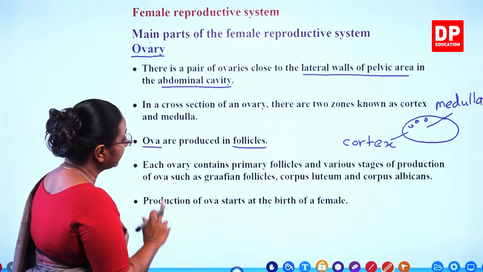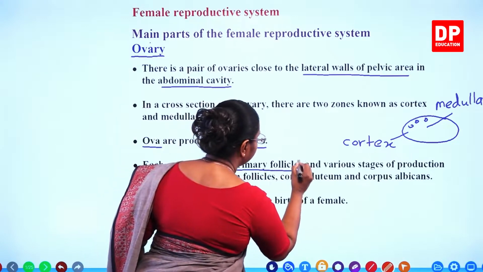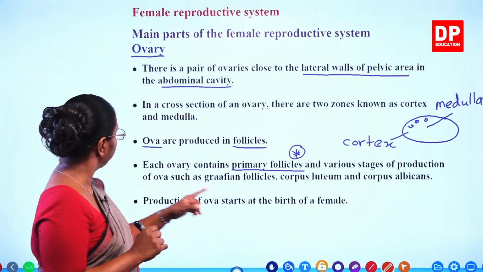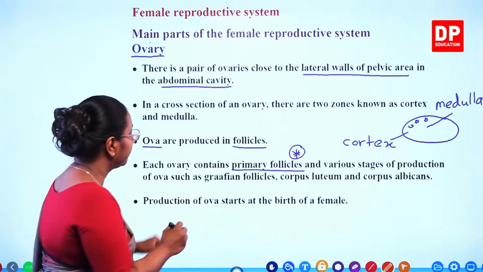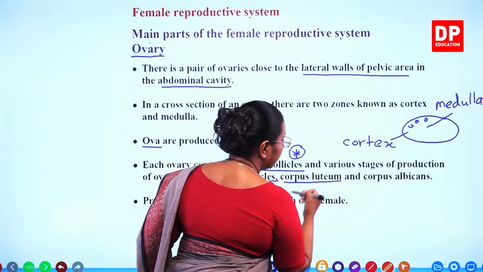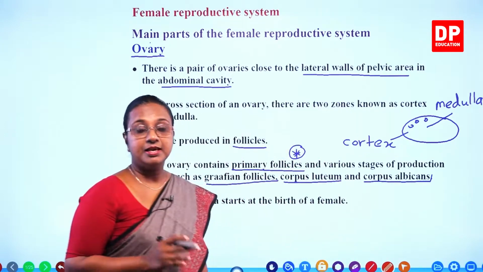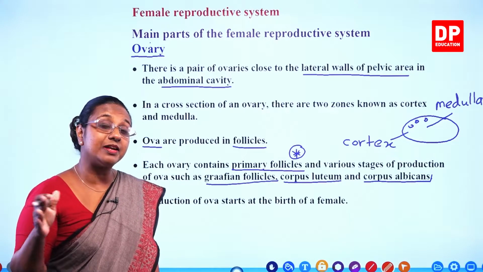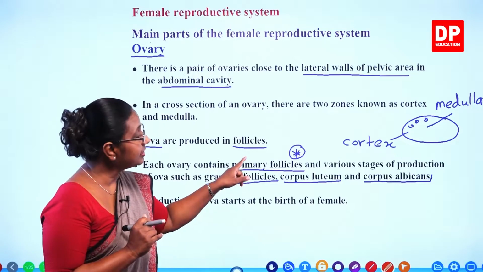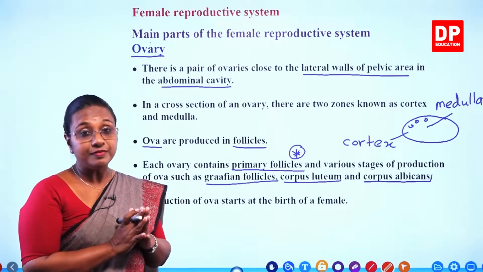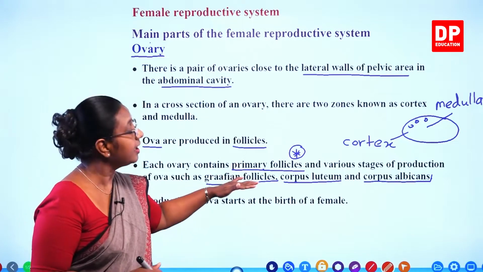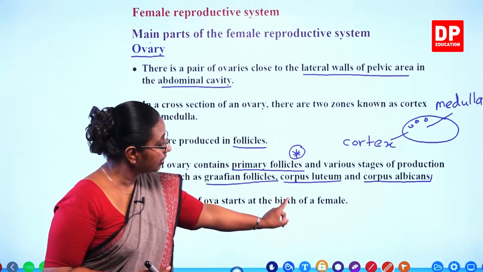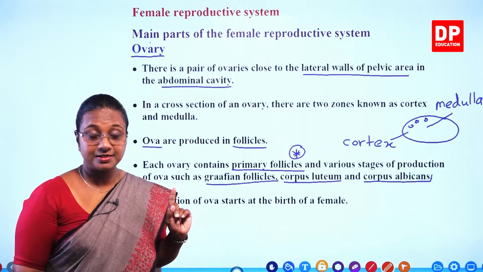So each ovary contains primary follicles, and various stages of production of ova such as Graafian follicles, corpus luteum and corpus albicans. You have to remember that. Is that okay, students? Primary follicles are the follicles that are there when the fetus develops. Thereafter, after adolescence, they undergo changes forming the Graafian follicle, corpus luteum and corpus albicans.